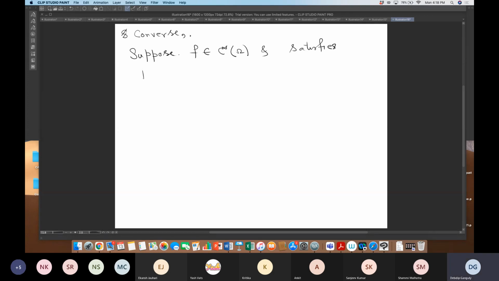Suppose f is C infinity and satisfies the given hypothesis. So how do we start to prove that f is analytic? That means you can write f as a power series. So what do we have to do first?